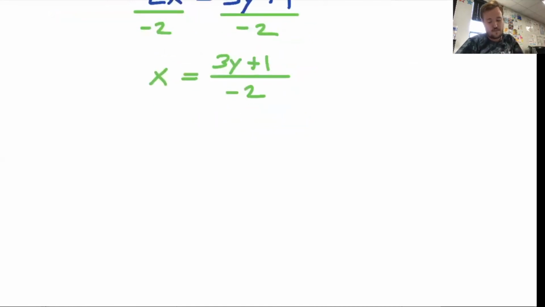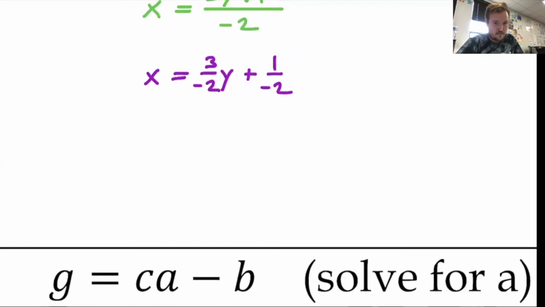All right, so because of that negative, we technically have to simplify more. So I'm going to have x equals 3 over negative 2y plus 1 over a negative 2. Really all we have to do here is move the negatives around.